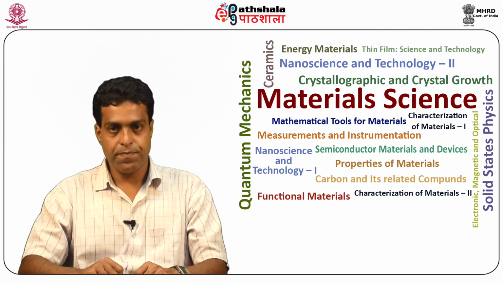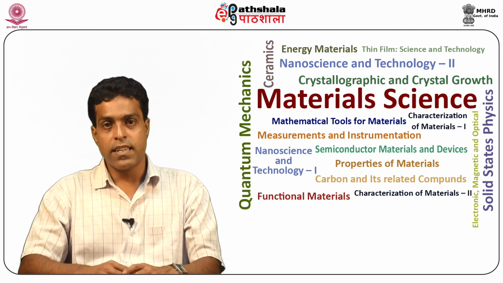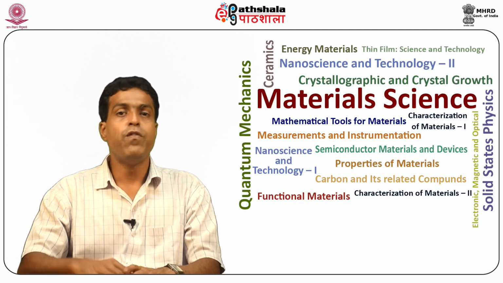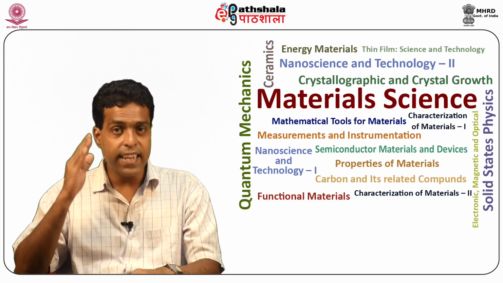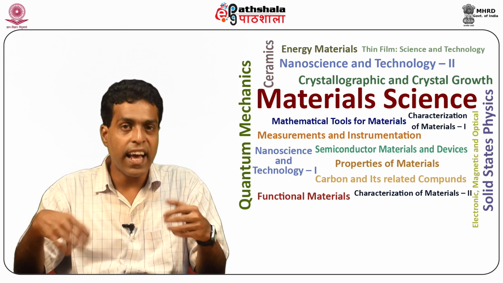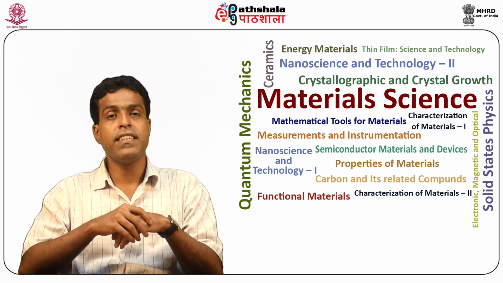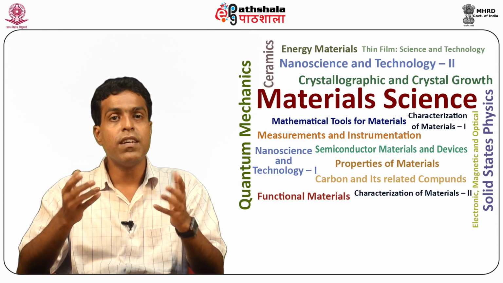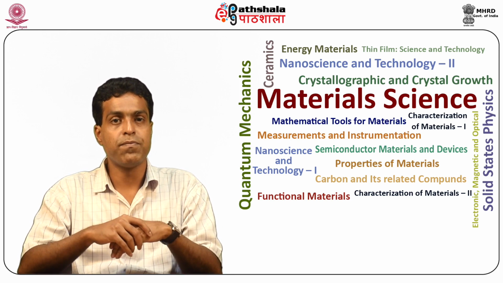Twofold degeneracy. Now consider two unperturbed eigenfunctions, psi n0 and psi m0, which are normalized and orthogonal to each other. These are the eigenfunctions of the unperturbed Hamiltonian H0, so that H0 psi n0 equals E0 psi n0.